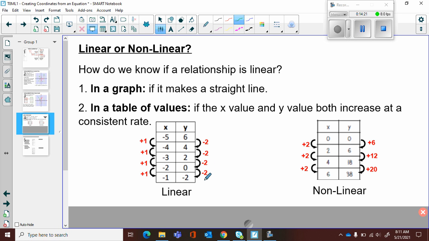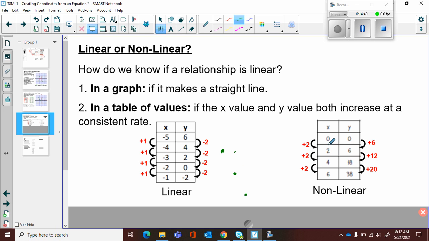Because these are consistent, if we were to graph this, say I had a point, and x increases by 1, y goes down by 2. X increases by 1, y goes down by 2. It's going to form a straight line because we are moving in a very consistent pattern. For every movement that x makes, y makes a similar movement that stays consistent.